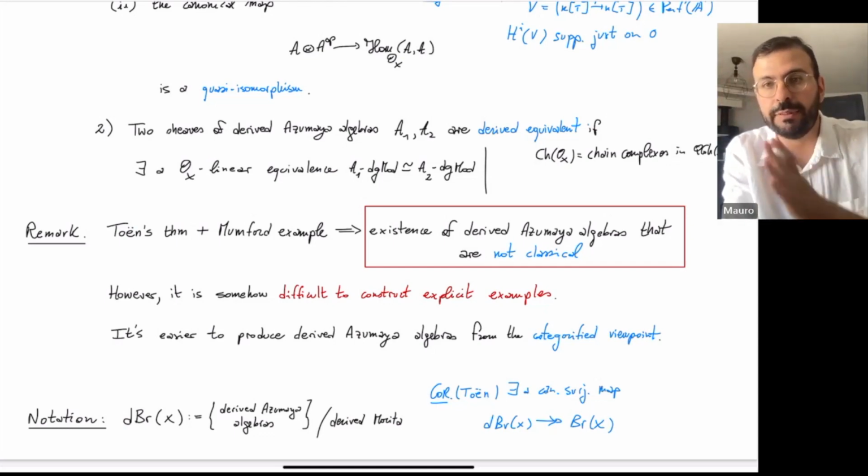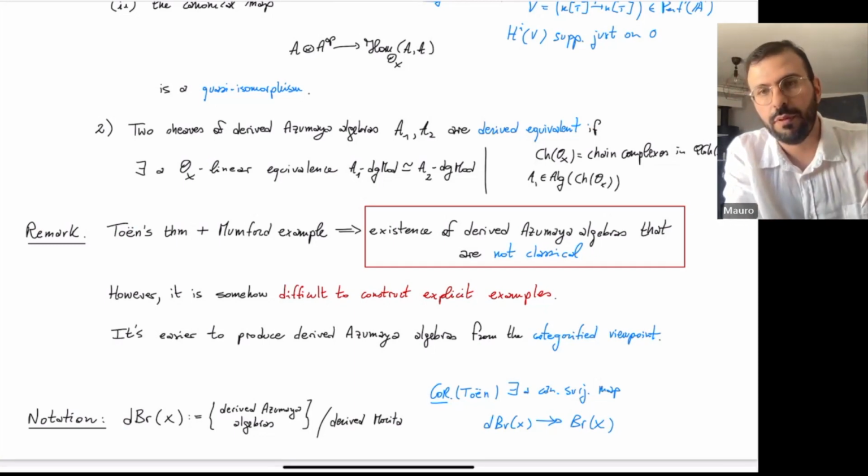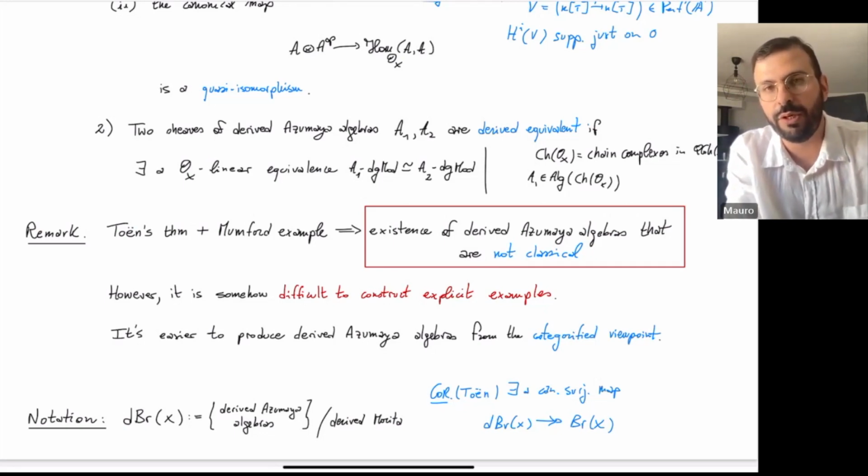So these are chain complexes of quasi-coherent sheaves. And now the algebra A, you should think of it as an algebra object in chain complexes of O_X. So it is a chain complex that has a multiplication as a chain complex.